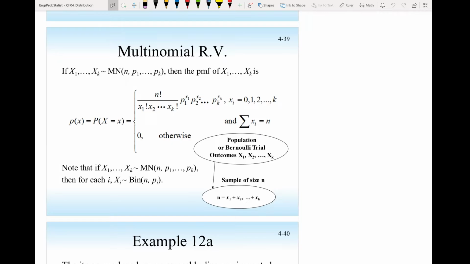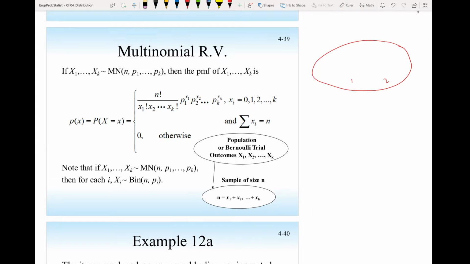The final distribution in this section is the multinomial random variable, and it's very similar to the binomial, except that in the binomial, the population has only two possibilities, success or failure. But with the multinomial distribution, now the population may have many possible outcomes.